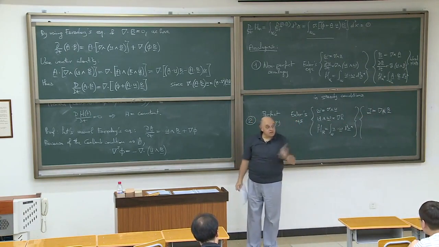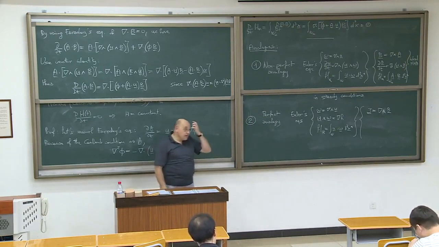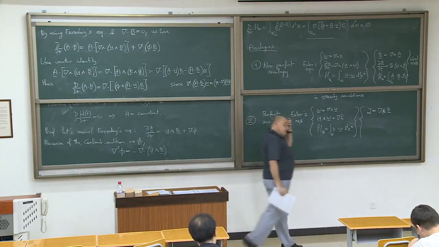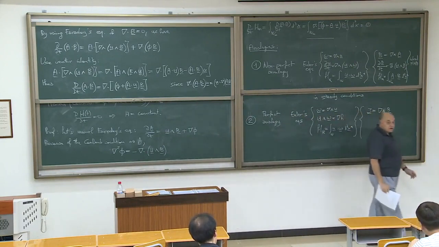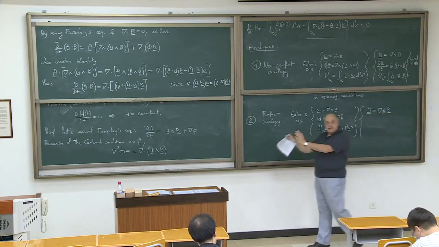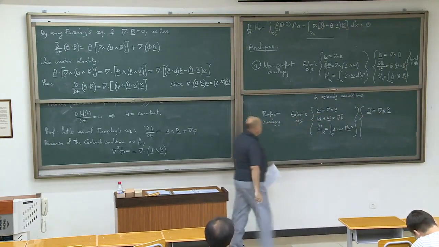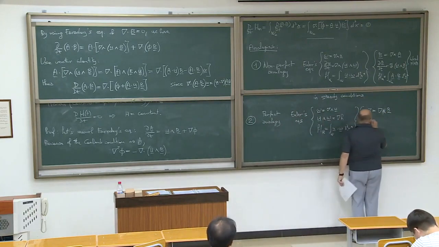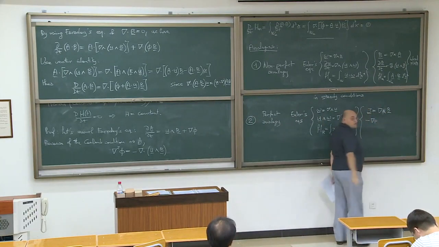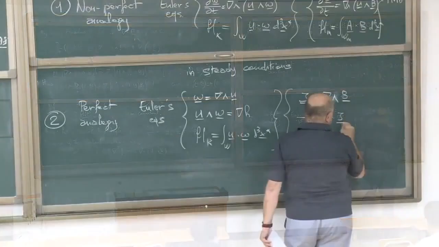You can go back to the beginning when I wrote the Navier-Stokes equation. You have a look, and you have to set the time variation equal to 0, and so on the two sides you have grad P minus grad P in a steady condition, plus the Lorentz force. The Lorentz force is J cross B.